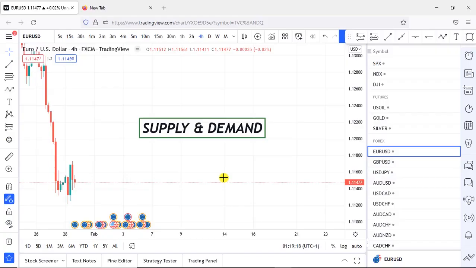Why supply and demand strategy is one of the best ways of trading the forex market is because it's the law of supply and demand that moves the forex and stock charts. So what you should understand about the forex or stock market is that there are two categories of players or participants in this market.